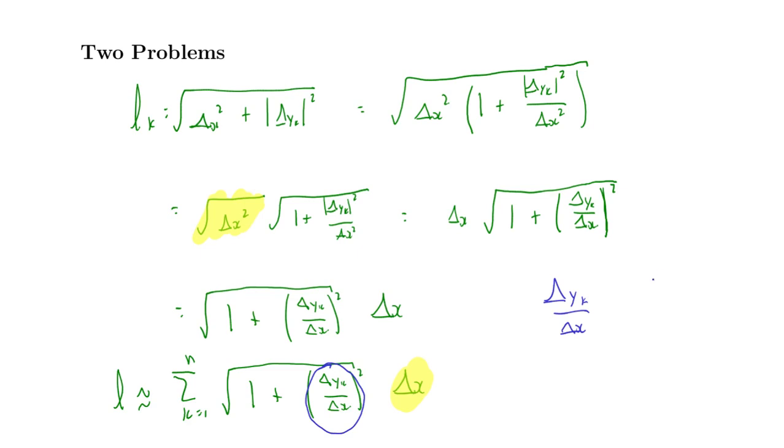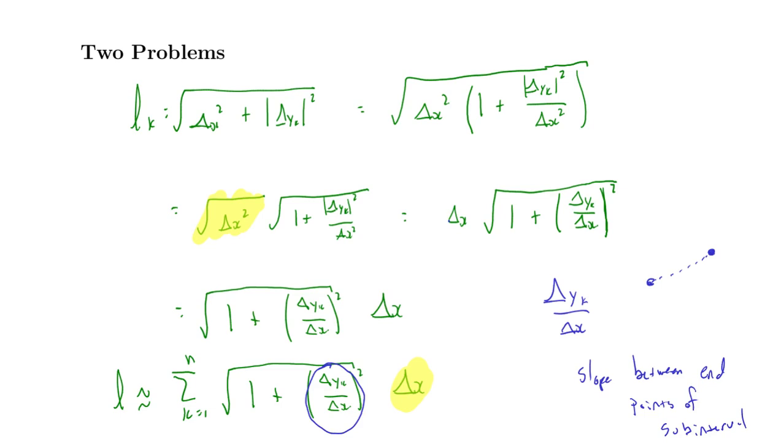If we think about these 2 points that we had, and we were connecting the dots, delta y over delta x, that's just really the slope between the ending points of our subinterval. That's going to be helpful for us.